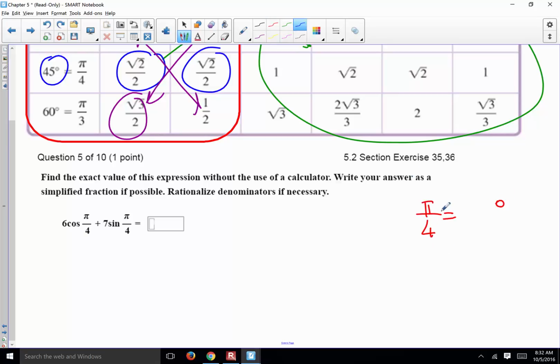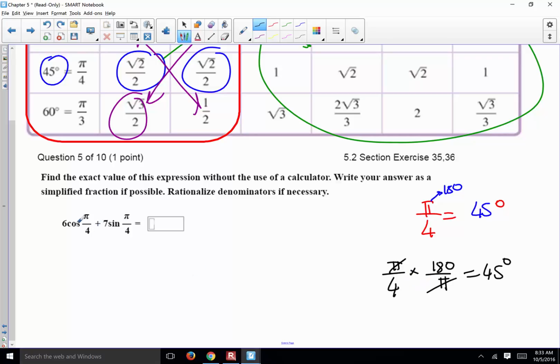How many degrees is pi over 4? 45. Again, whenever you hesitate, pi is 180. Split 180 four ways is 45. Or what is the official way of doing radian to degree conversion? This is what you do. You multiply by 180 over pi, and that's 45. This is how we did it yesterday, right?